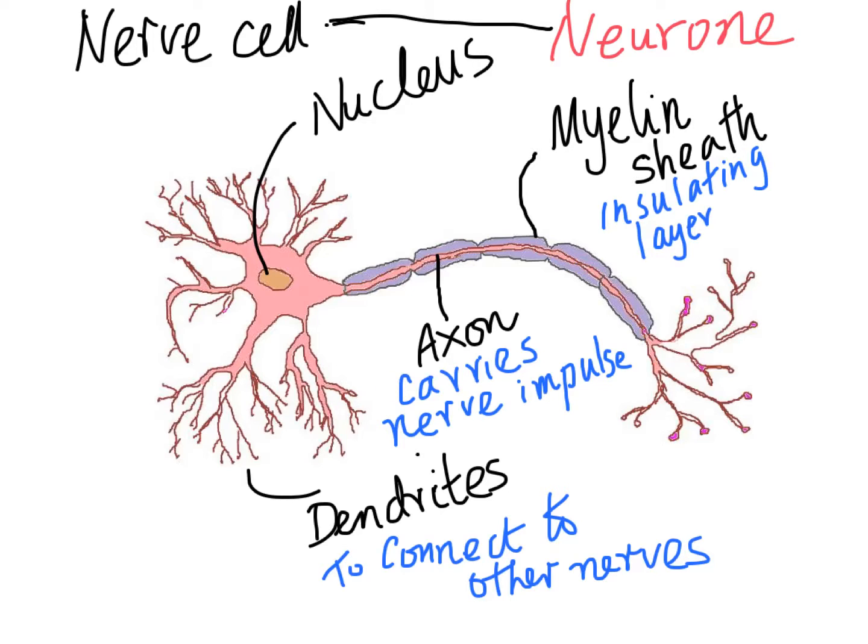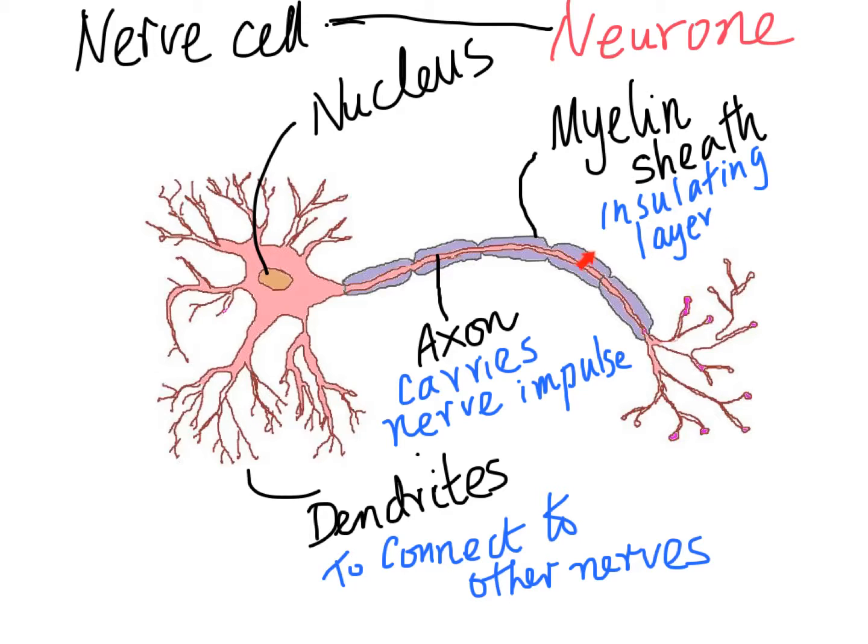Now the axon carries nerve impulses just like an electrical wire carrying electricity. And you also have the myelin sheath which surrounds the axon, which acts as an insulating layer, just like the PVC or the polymer plastic around an electrical cable.